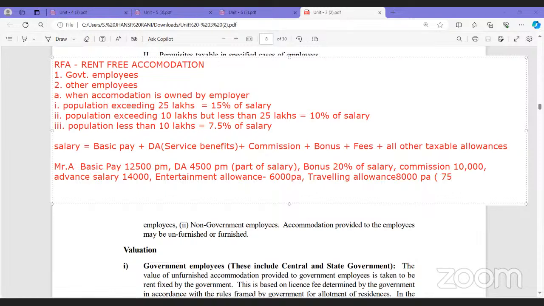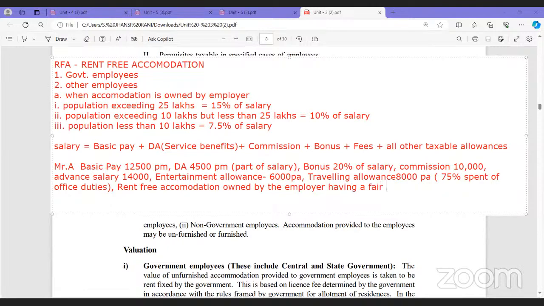In the brackets, it is mentioned 75% spent on office duties. Next, rent-free accommodation owned by the employer having a fair rental value, that is 75,000 per annum, and the cost of furniture is 80,000.